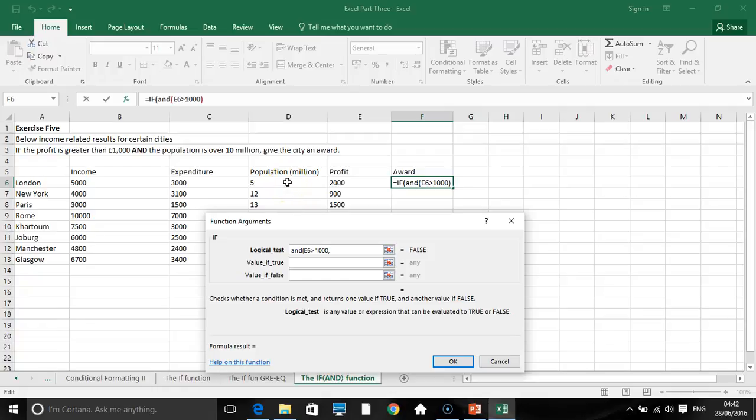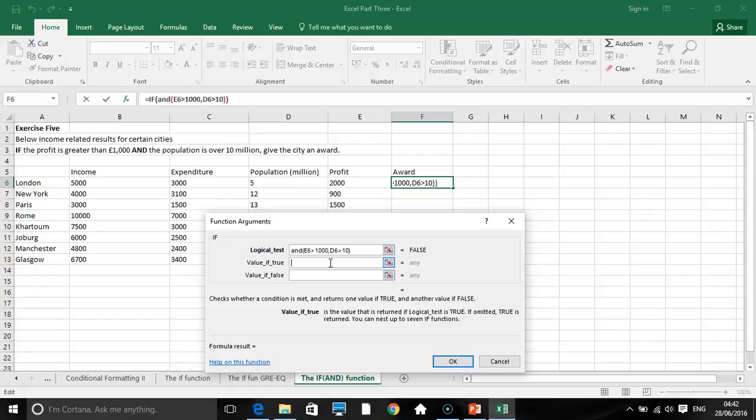And this population, clicking that, is greater than 10 million. And then I close the brackets. And this is all recorded, so you can do this over and over again. So this mathematical representation is asking if E6 is greater than 1000, and D6 is greater than 10 million.